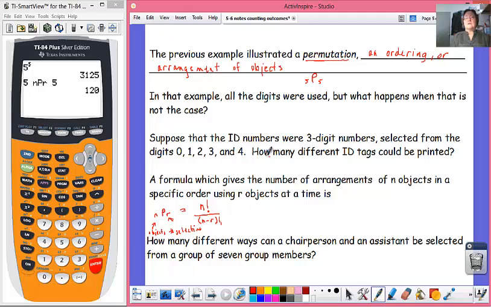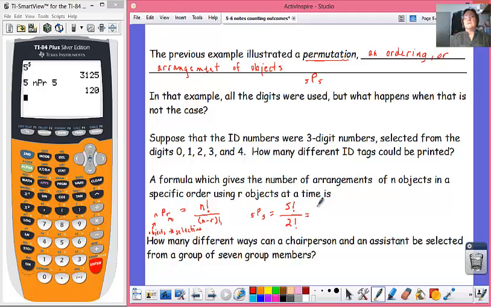If you apply that to our ID card problem, we are wanting 5 digits chosen 3 at a time. And the formula, which is the way I learned to do this, I didn't have the calculator obviously when I learned, 5 factorial over n minus r, so that's 5 minus 3, 2 factorial.